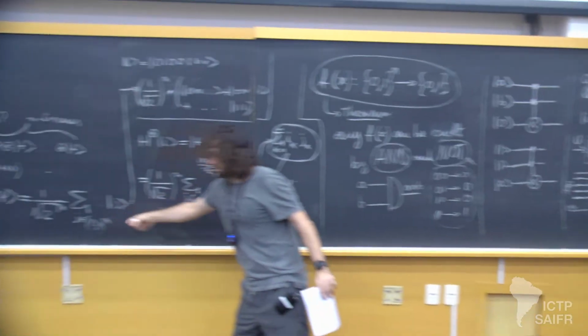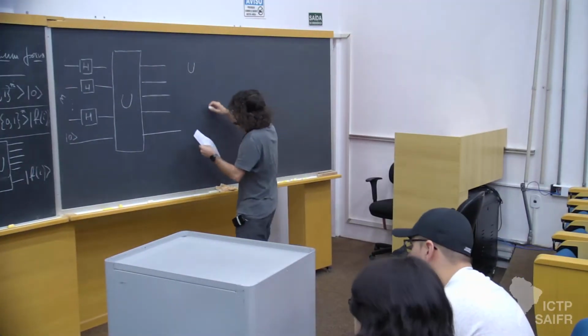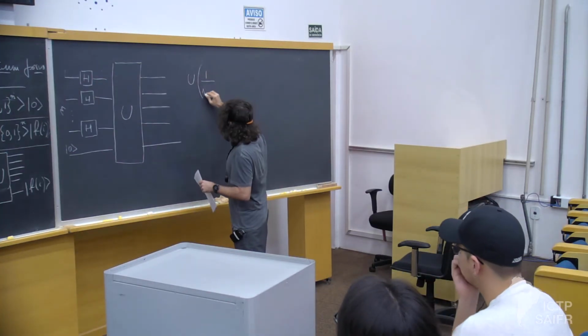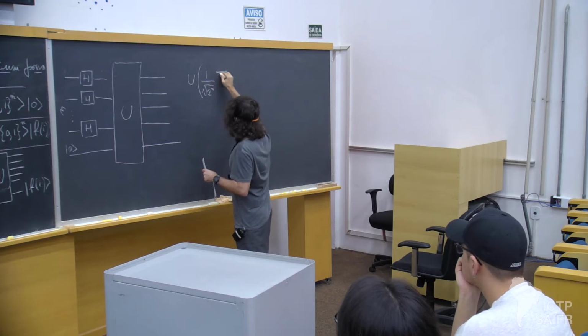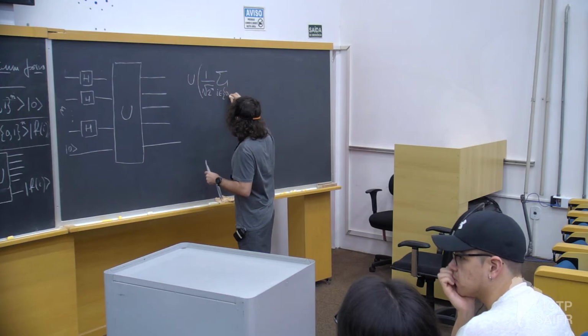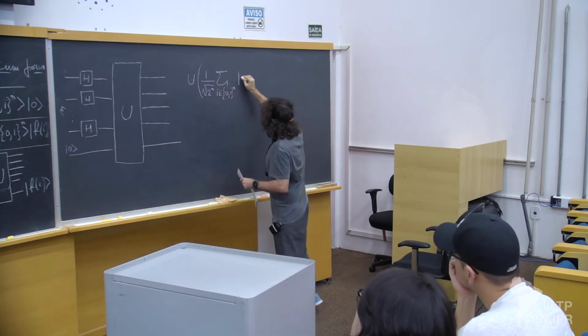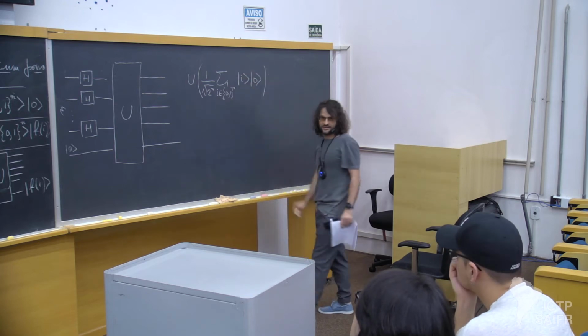We get U acting on 1 over square root of 2^n, summation over all the possible I belonging to {0,1}^n, of |I⟩|0⟩. We didn't do anything over that.